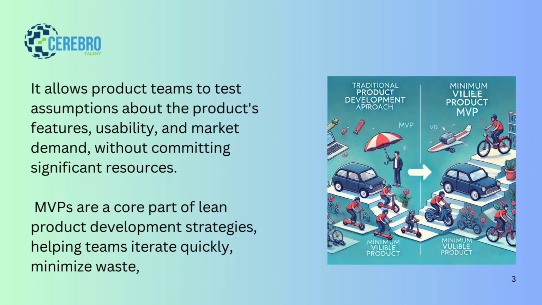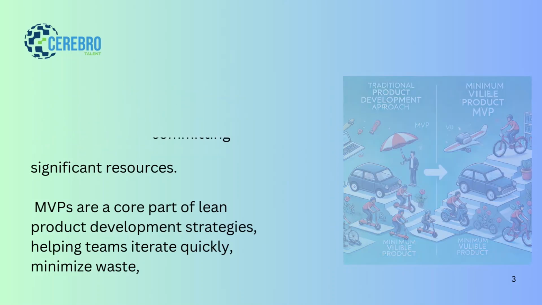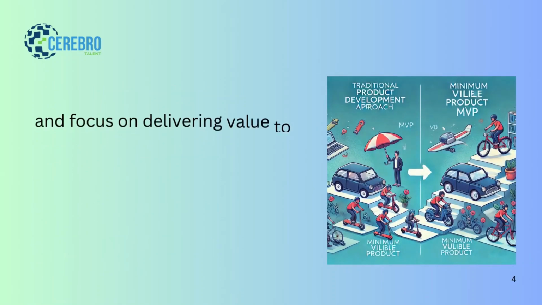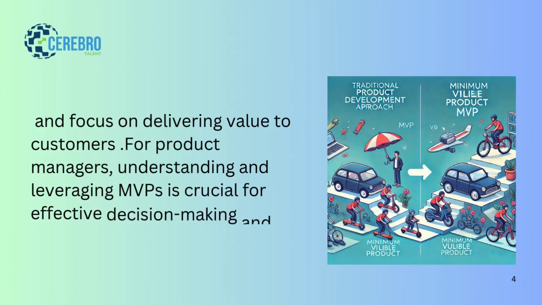MVPs are a core part of lean product development strategies, helping teams iterate quickly, minimize waste, and focus on delivering value to customers. For product managers, understanding how and when to use MVPs is crucial for effective decision-making and risk management.